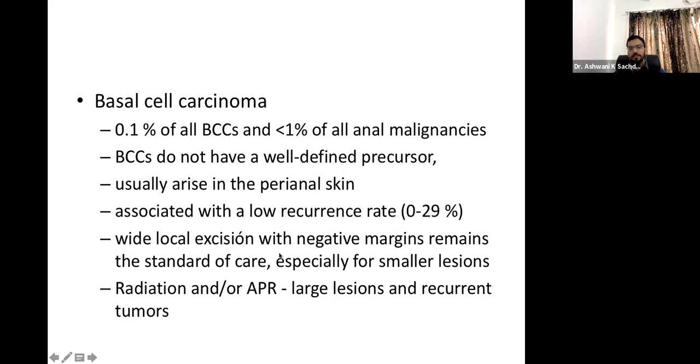Wide local excision with negative margin remains the standard of care, especially for the small region. If there are large lesions, you can go with extensive radical surgery with APR, or for those who are not willing for this surgery or with very extensive disease, radiation can be used as a modality for treatment.